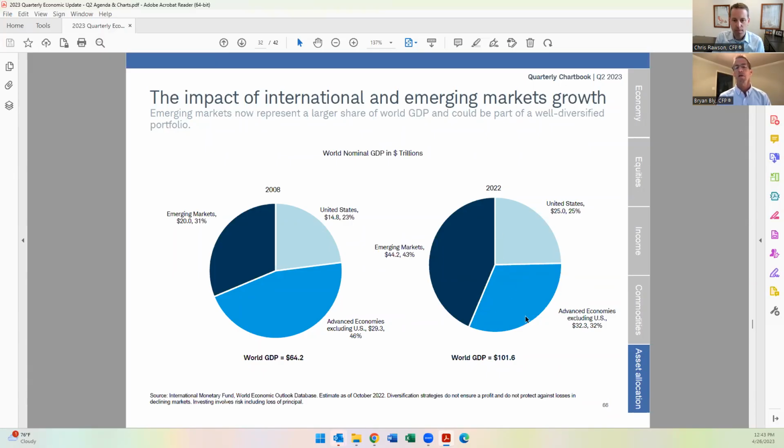Here you can see the non-US developed markets, and then the US portion. And from a comparison standpoint, you can see where emerging markets has become a larger portion, primarily at the expense of non-US developed markets over time.